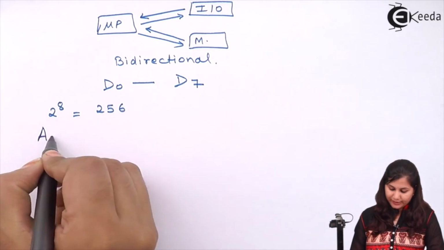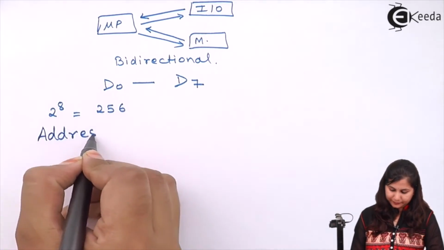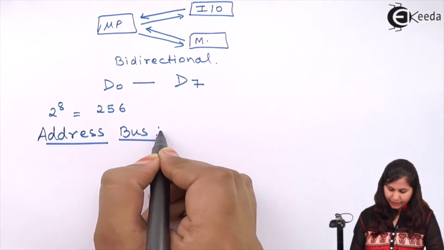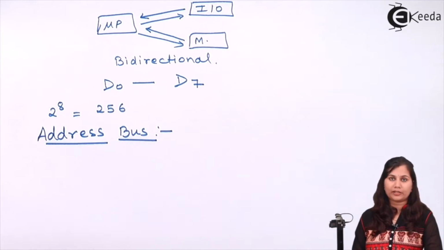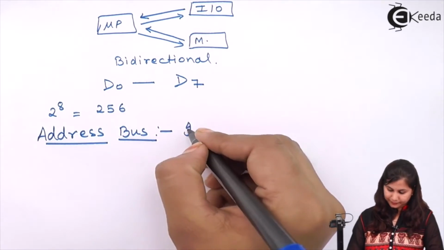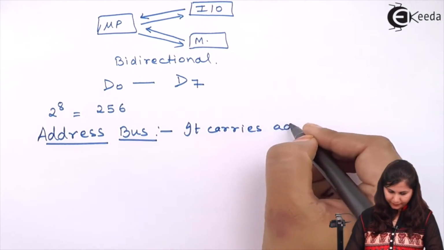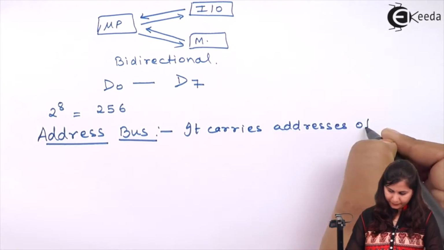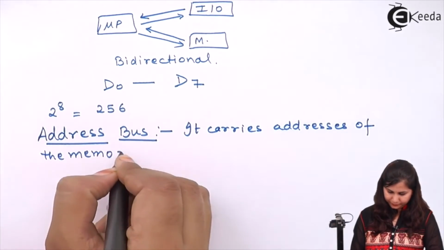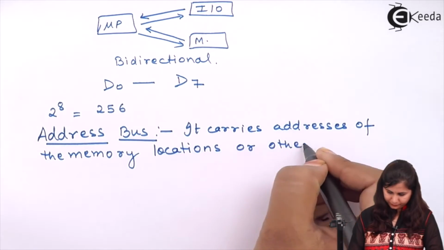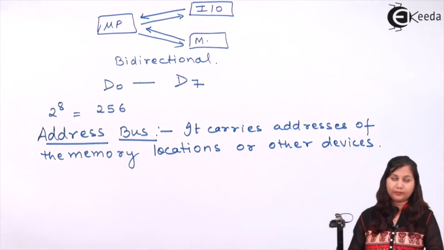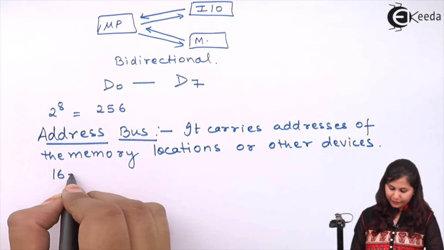Then we have the address bus. This address bus carries the address of the memory locations. It is a 16-bit address bus.